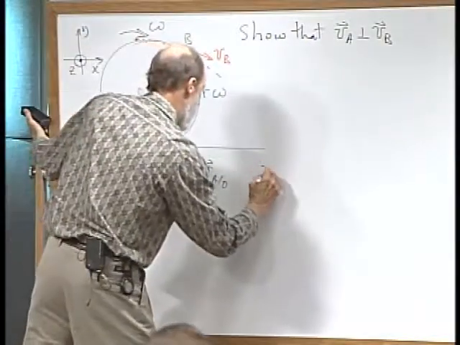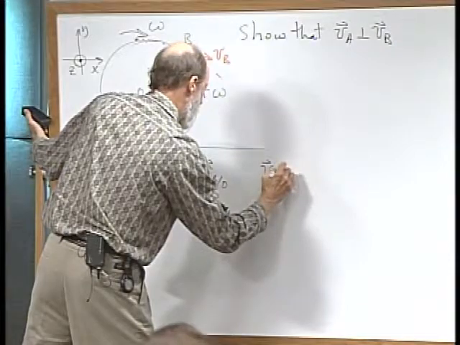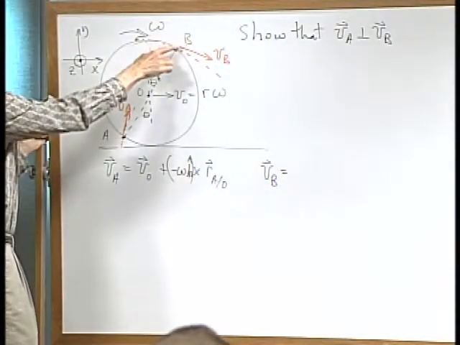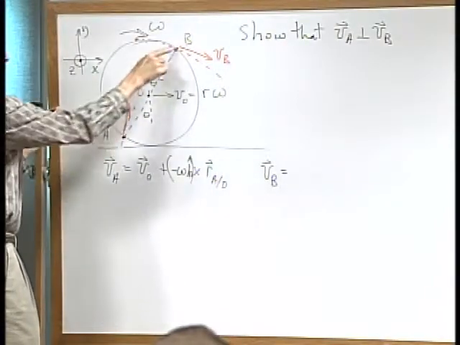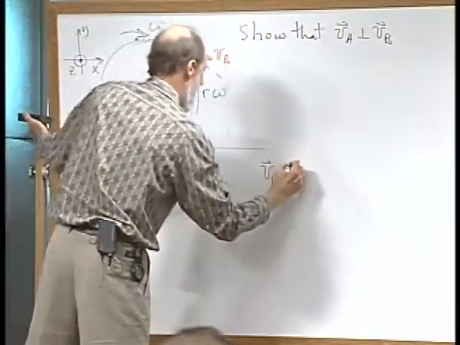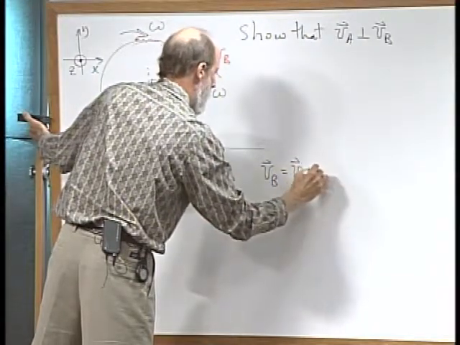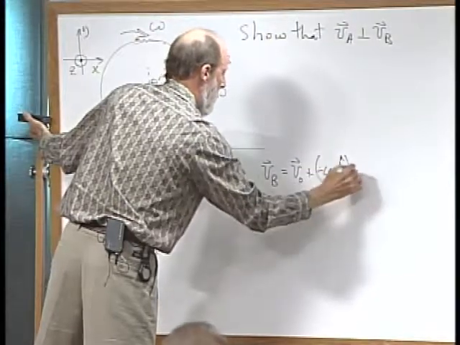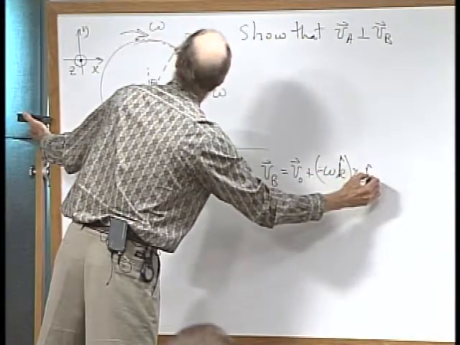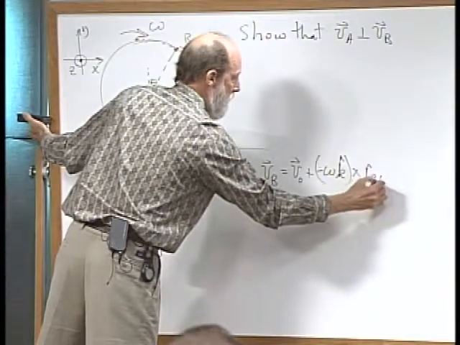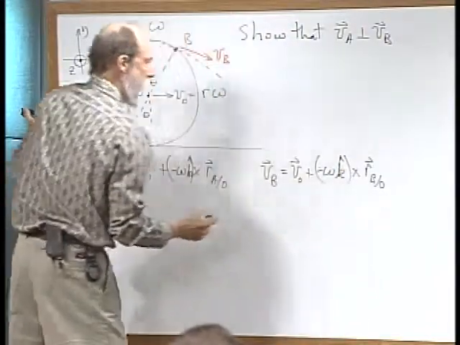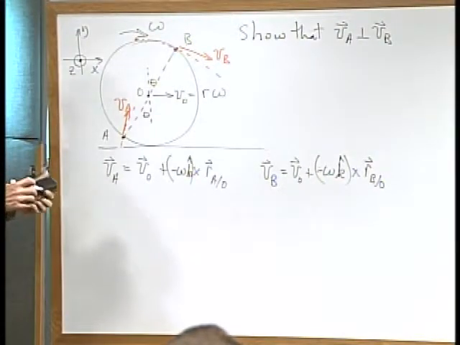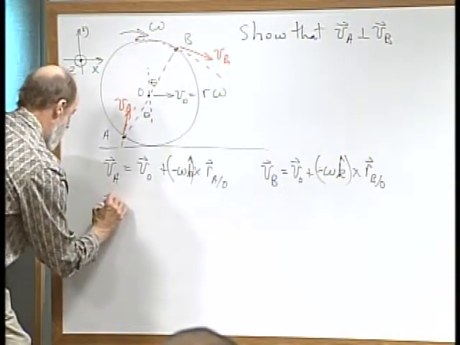But next to it, let's see what the distinction is if we start working up the point on the opposite side of the diameter at the same time. So the velocity of point B is going to be made up of the velocity of the center plus, again, the negative omega k hat crossed with r of B relative to O. And we can go ahead and put those parts together now.